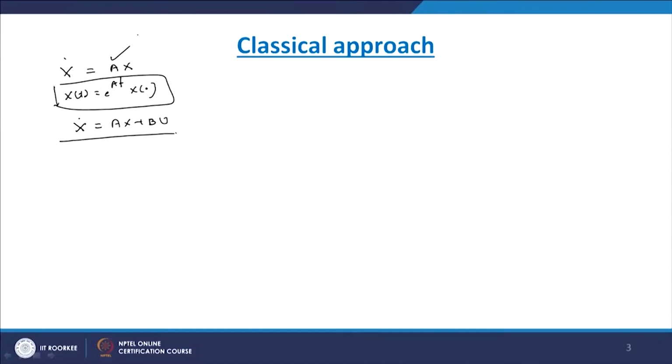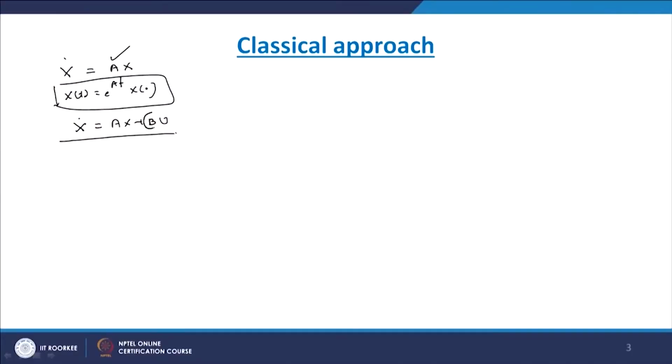That information is very important. In the case of the unforced system, we have seen that the complete state equation depends on the A matrix. But now we have the state space model in terms of ax plus bu, so the state equation definitely depends upon the B matrix. Now let us see, when we derive the state equation, whether we can get the term of B or not. Now we start developing the state equation for a forced system.